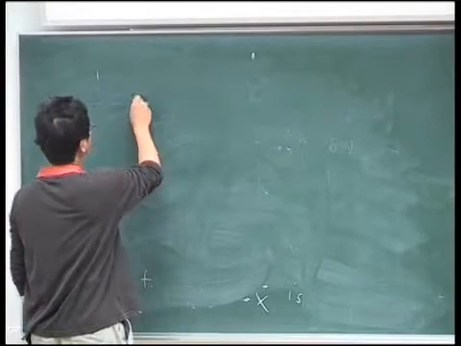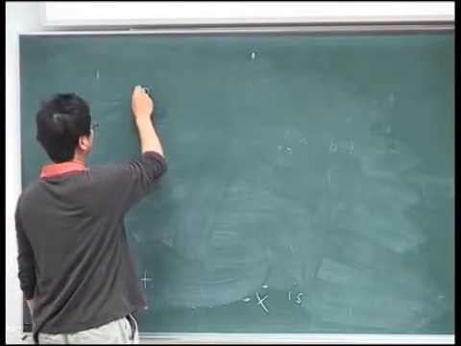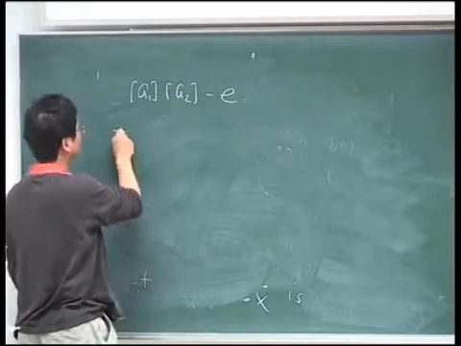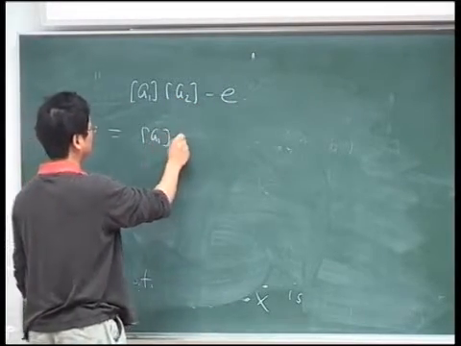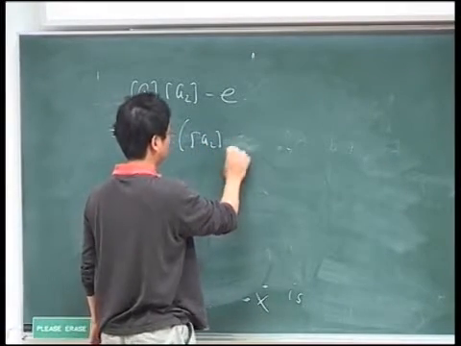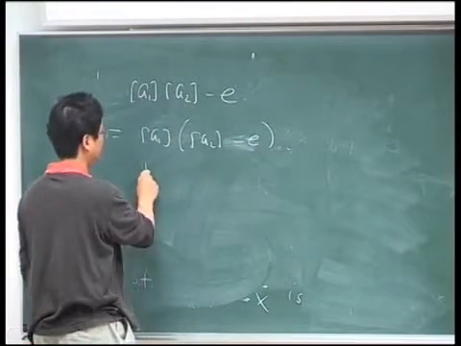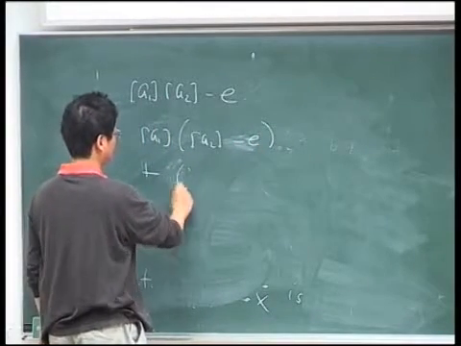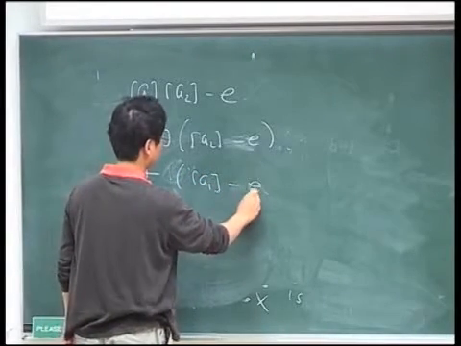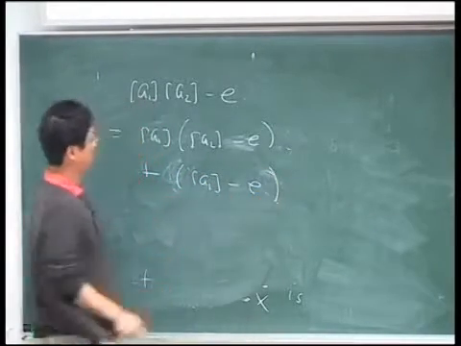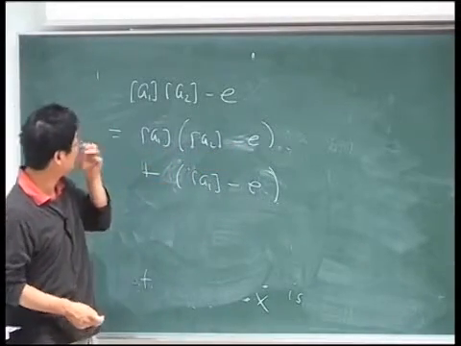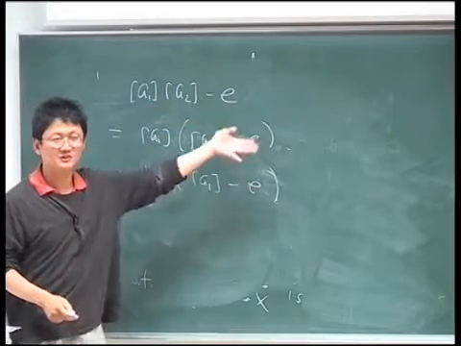So, for example, if you have a1 a2 minus E, all I'm saying is that this can be written as a1 (a2 minus E) plus a1 minus E. This is correct, right? a1 a2 minus a1 plus a1 minus E. So this is an example, and you can just keep going in this way.